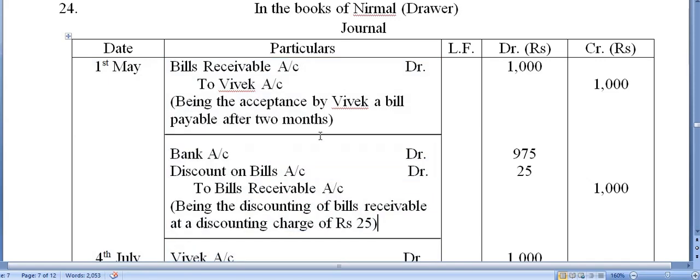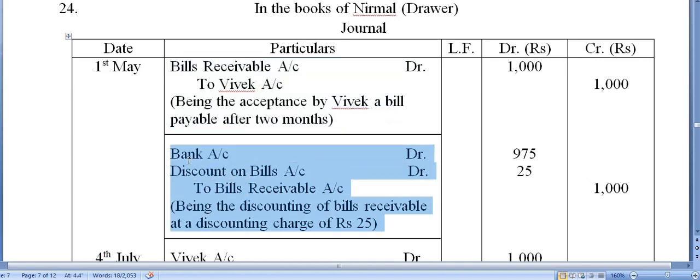You know this first entry very well. You know the second entry also. The bill was discounted, and we have already done this discounting of the bill.